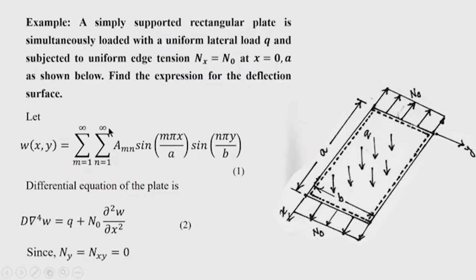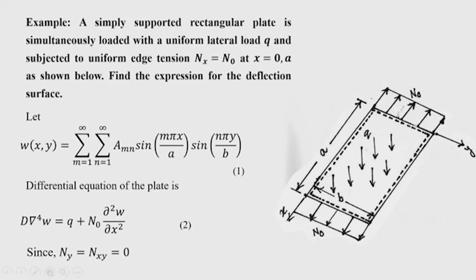Okay. Now, let us consider a problem to illustrate. We have taken a simply supported plate, all edges are simply supported as seen in this figure, and it is subjected to transverse load q as well as this axial compression N naught. N naught is the compressive force, but for the time being we will take it as a tensile force, because we have now just derived the equation of equilibrium with the tensile force.